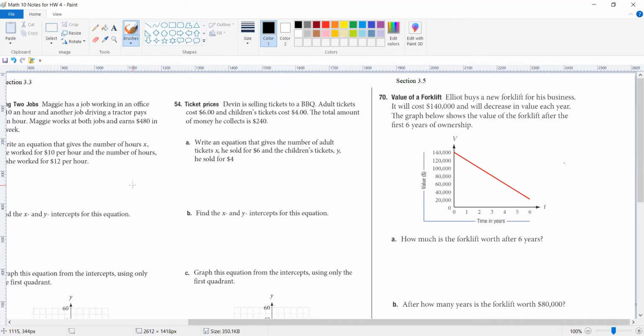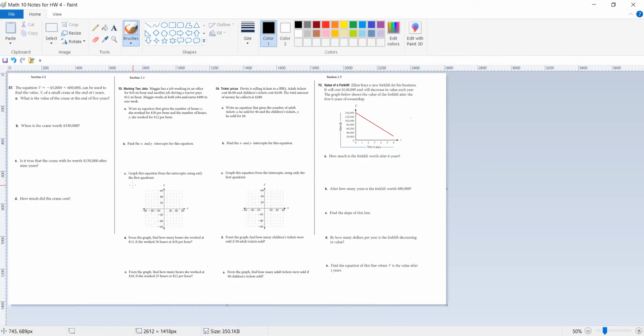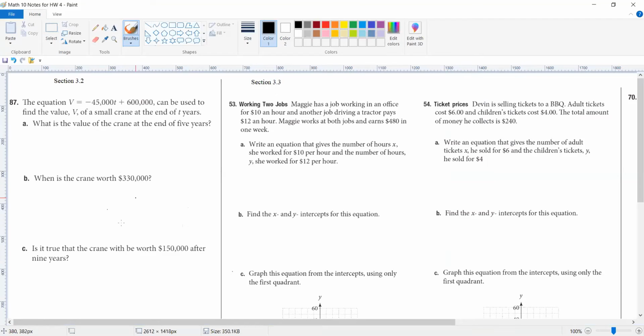There we go. Okay, so we're starting over in section 3.2 with number 87. If I can highlight this.